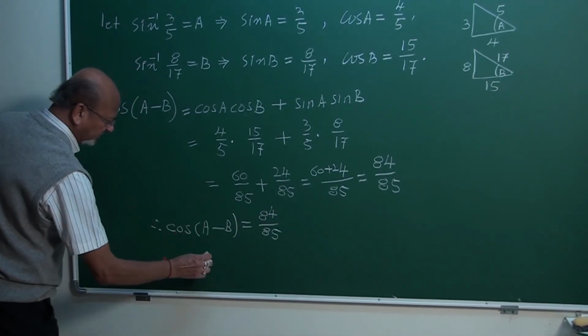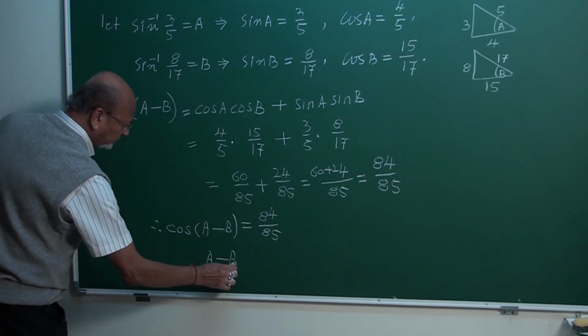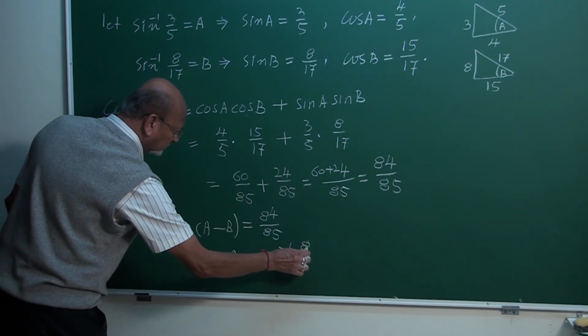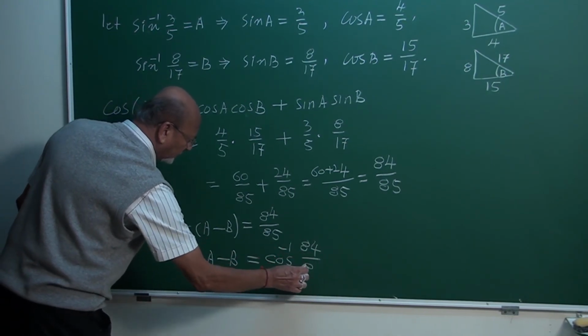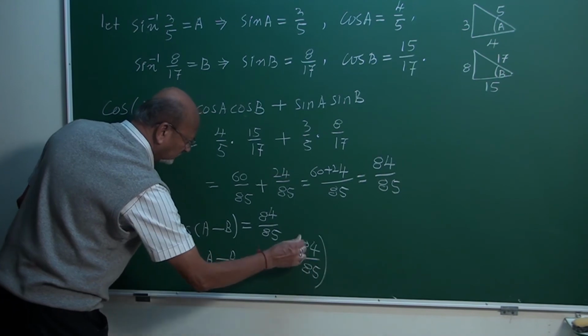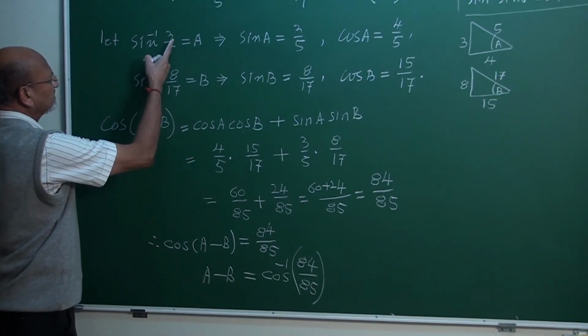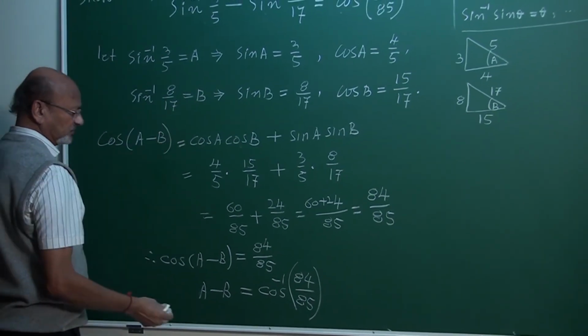Take cos inverse on that side. A minus B is cos inverse 84 upon 85. What is A? Sin inverse 3 by 5. What is B? This.